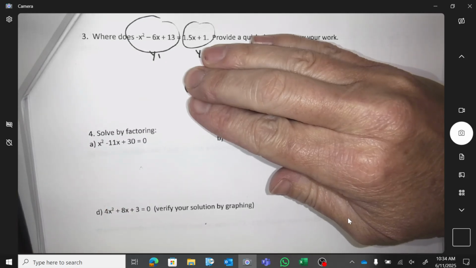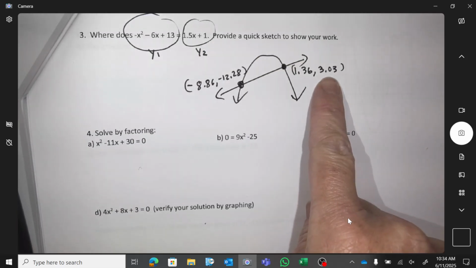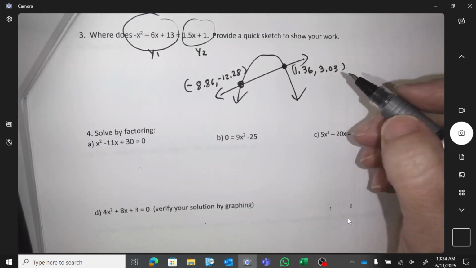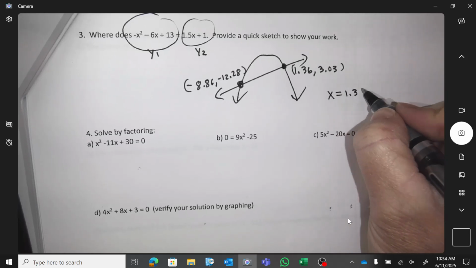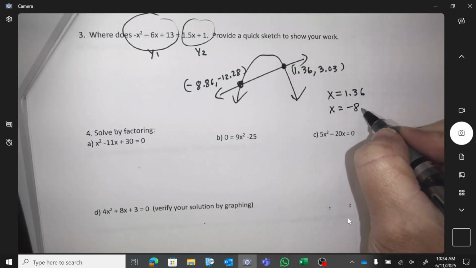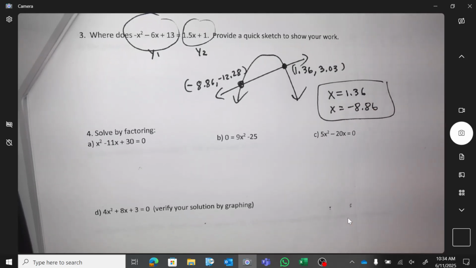X equals. So do I care about that number? No. You should have actually just written that, and that would have been the solution. So nobody on my provincial understood that I don't want the full intersections. I just want to grab the solution, which is the X values of the intersection.